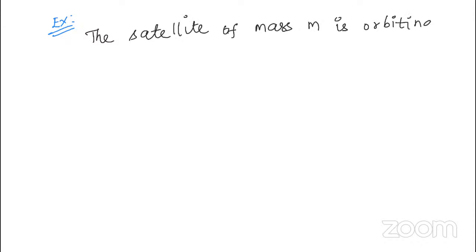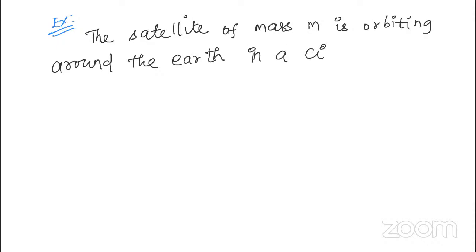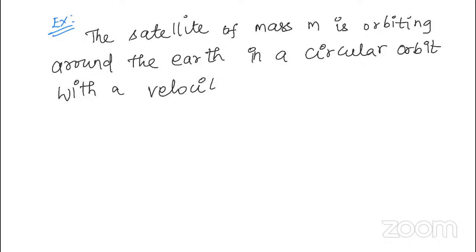Exercise example: a satellite of mass m is orbiting around the Earth in a circular orbit with a velocity v.